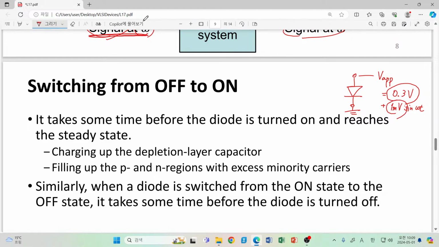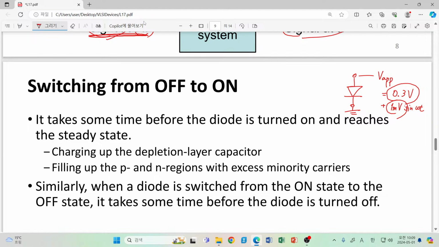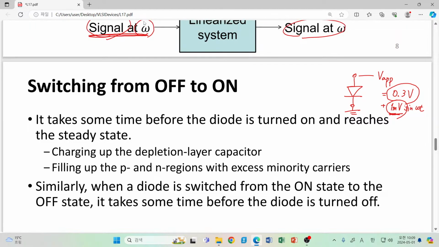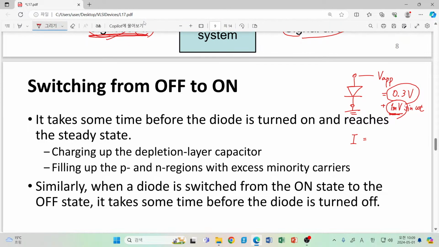Since 1 millivolt is a relatively small quantity, now you can use this kind of small signal analysis. So what you can expect is, since this is small, this system can be linearized, and you also expect your diode current will contain the current originating from your 0.3 volt application, and also a small current induced by this AC excitation.